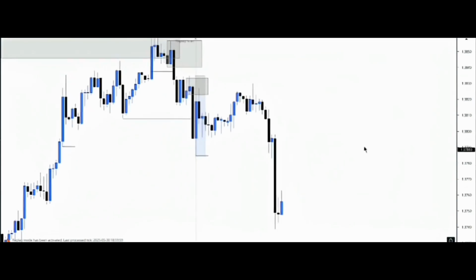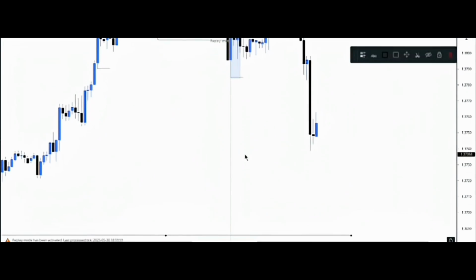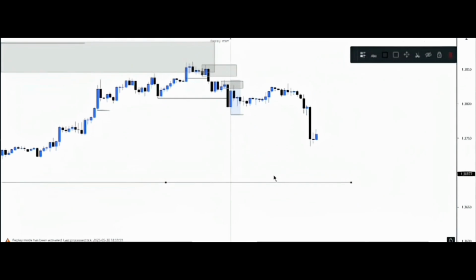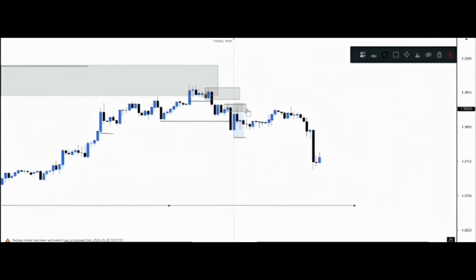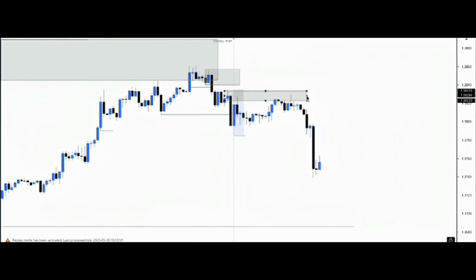Boom. See now, our first target has been achieved, and so we are going for the external liquidity, which is here. Can you see? Now remember, let me show you so that you don't think it has taken out this zone. It hasn't taken out this zone, so this zone is still there. Okay, so this is our external liquidity.